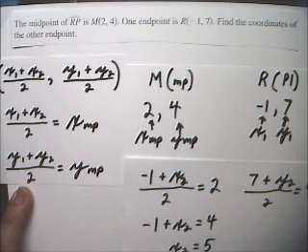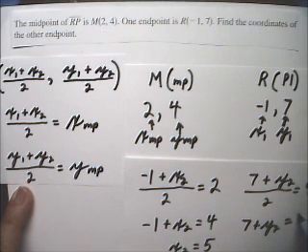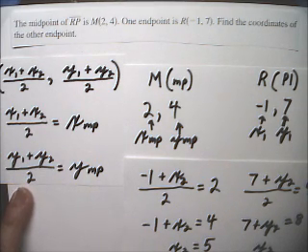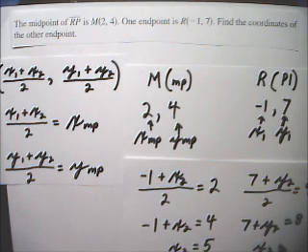Now I'll multiply both sides by 2 to get 7 plus y2 equals 8. And now when I subtract 7 from both sides, I get y2 equals 1. So the coordinates of the endpoint are 5, 1.